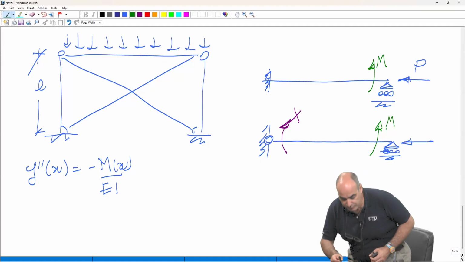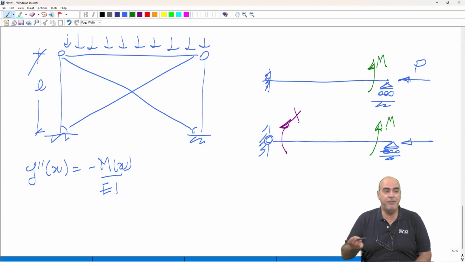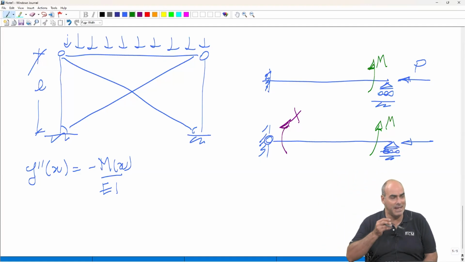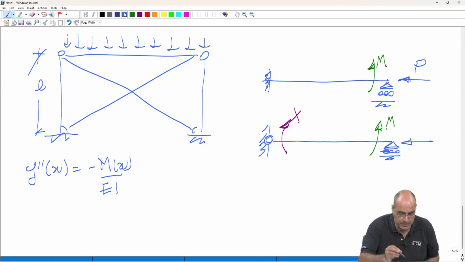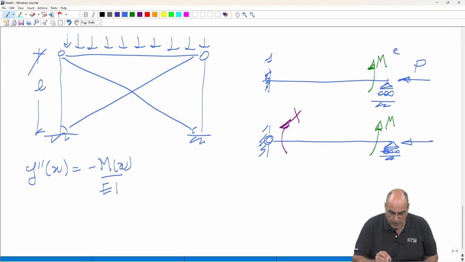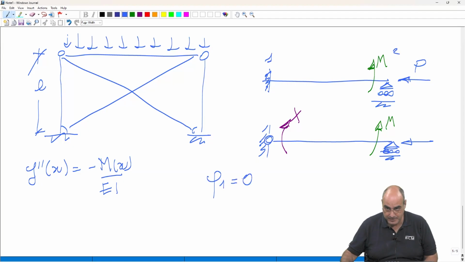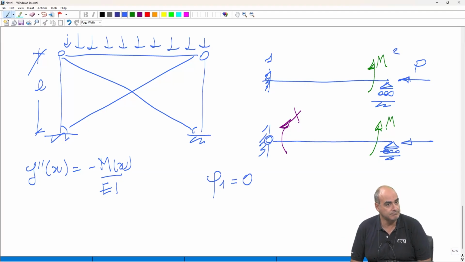So what we have to do is to enforce back the compatibility of the deformations. So if we call this node 1 and we call this node 2, what we have to require is that phi1 has to be equal to 0. And here we use once more the principle of superposition and proportionality of effects.